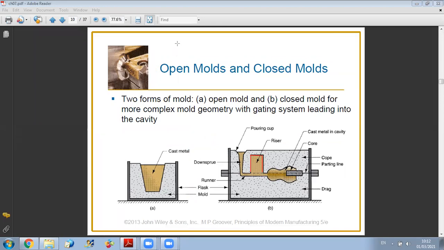Whenever you want to do a casting operation, the first step is to pour your metal to reach your main cavity through the down sprue and the runner. But when you introduce your molten metal, you might have some gases that will enter with it. And if not escaped appropriately, they will lead to formation of pores in the final casting product. This is why one of the objectives of the riser is to let these gases escape.